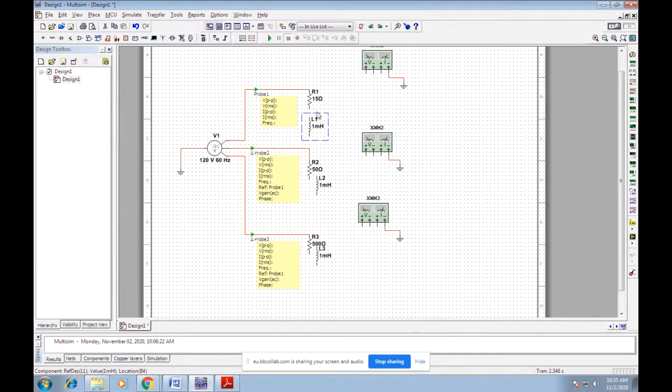Then we will connect the resistor and inductor in series. Then again the same procedure: we will measure the voltage across the resistor and the inductor.